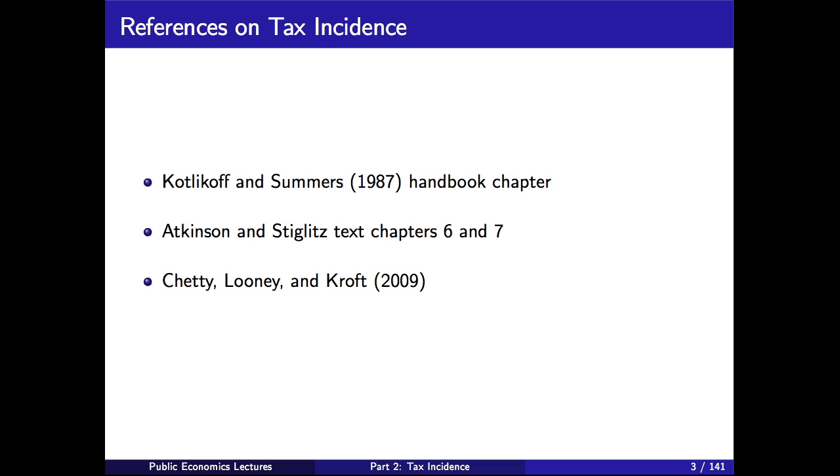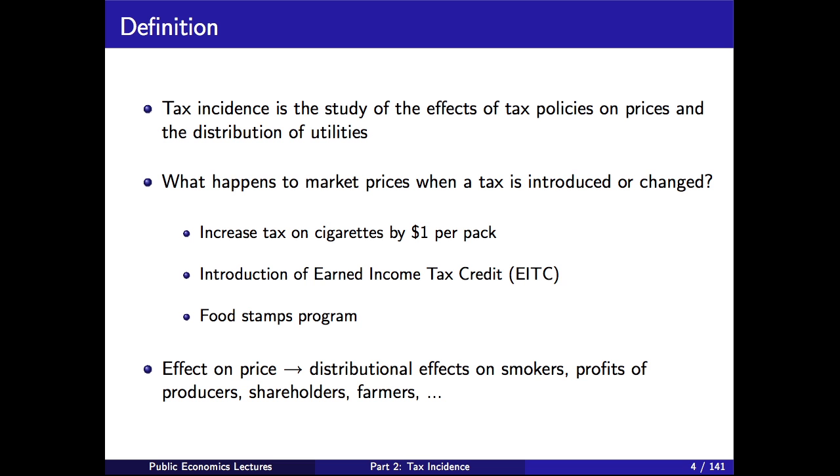And then you can look at this recent paper with Looney and Kroft that deals with these behavioral issues, but also provides a very simple introduction to basic issues in tax incidence as well. So that could also be a good place to start. So ideally, you would have looked through some of this stuff before the next lecture so that you get the most out of it. Let me just give you a definition here and then organize what we'll talk about.